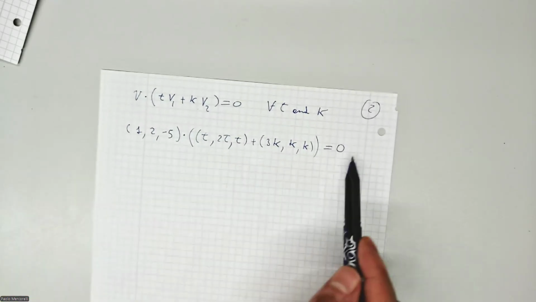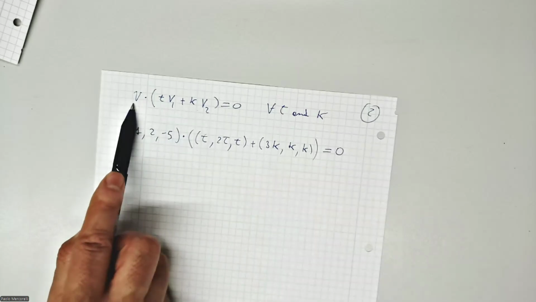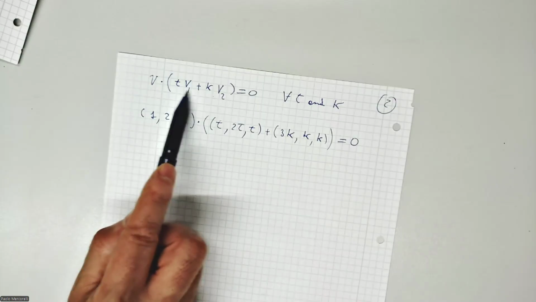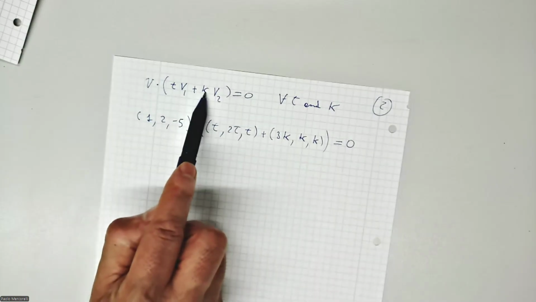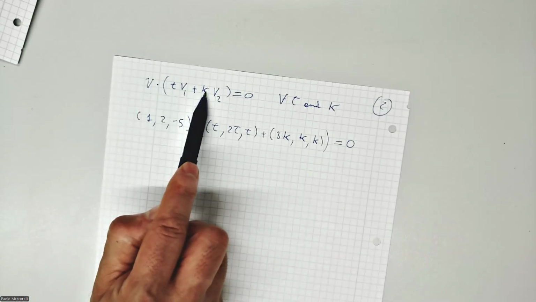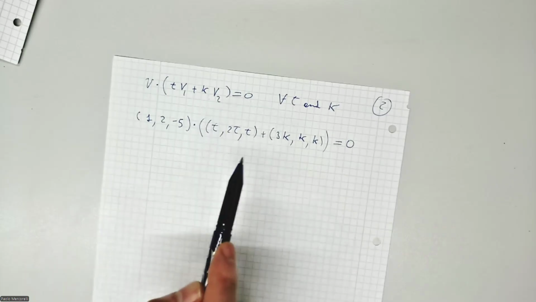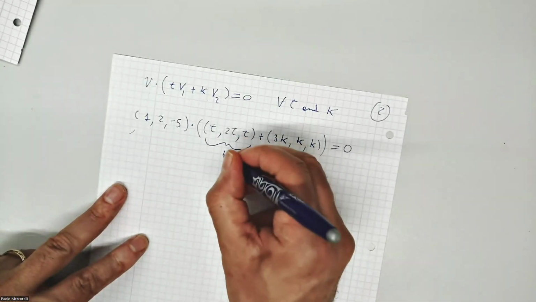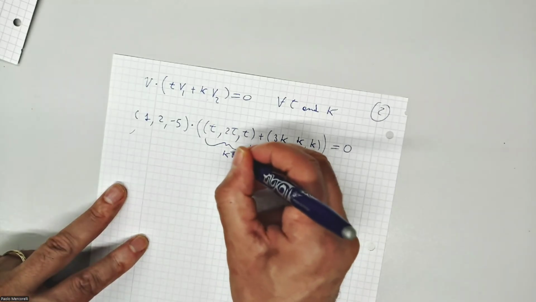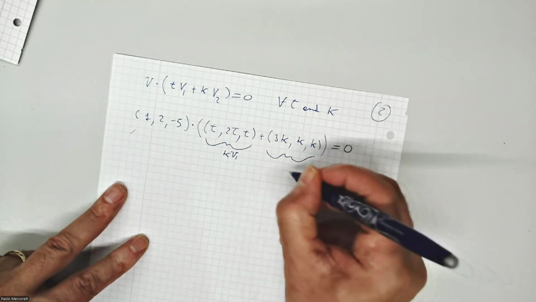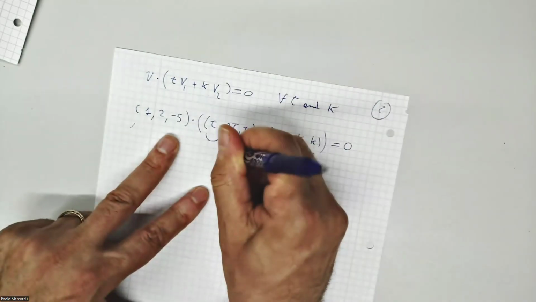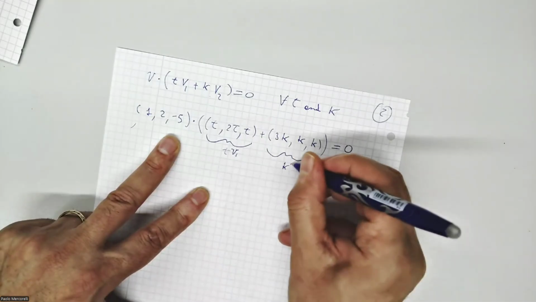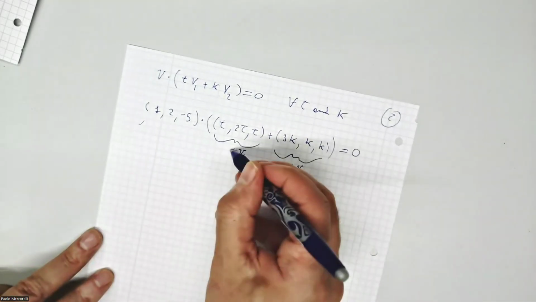This means the vector V dot the vector T multiplied by V1, plus the vector V dot the vector K multiplied by V2.